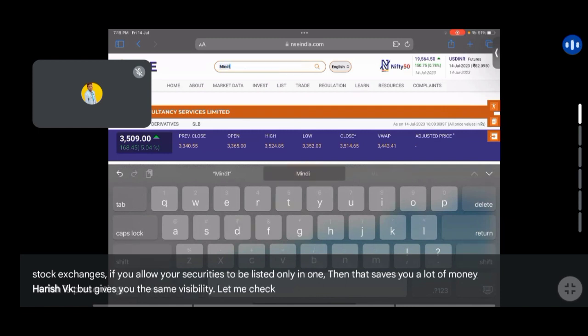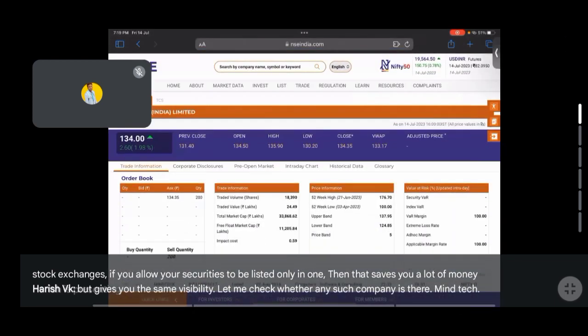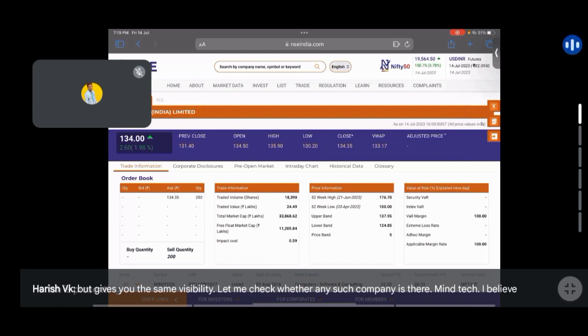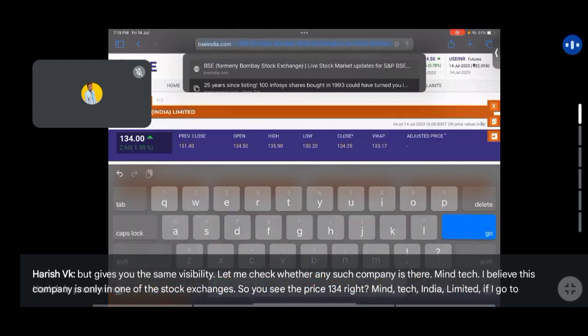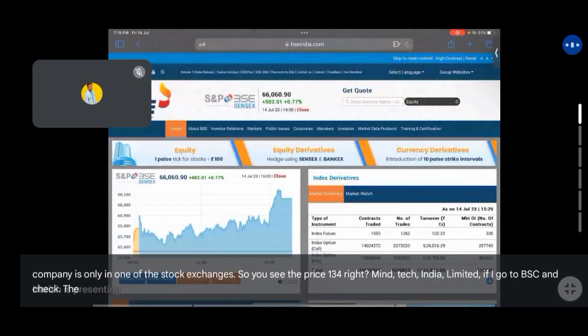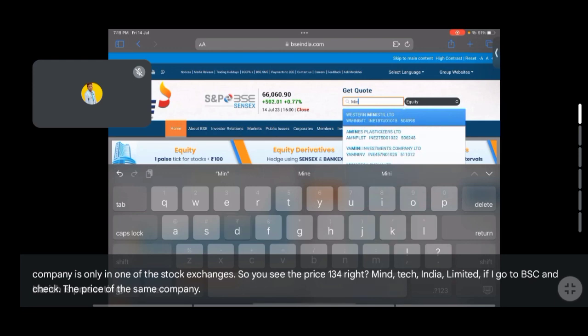Let me check whether any such company is there. Mindtech. I believe this company is only in one of the stock exchanges. So you see the price 134, right? Mindtech India Limited. If I go to BSE and check the price of the same company, okay, it is there.